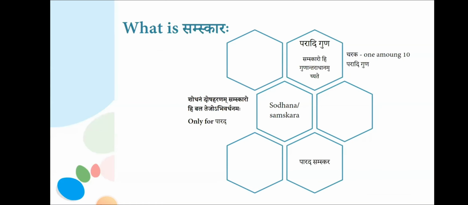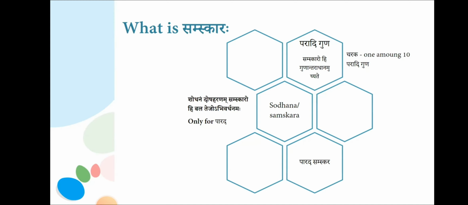In Charaka Samhita, while enumerating the types of guna, he has mentioned 4 types: Gurvadi Guna (20), Atma Guna (6), Artha Guna (5), and Paradi Guna (10). Among the 10 Paradi Gunas, he has mentioned Samskara as the second last guna. Samskara is the process by which we can change the quality of a substance.